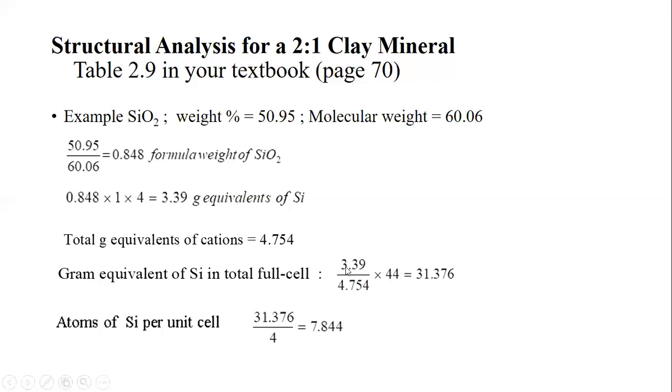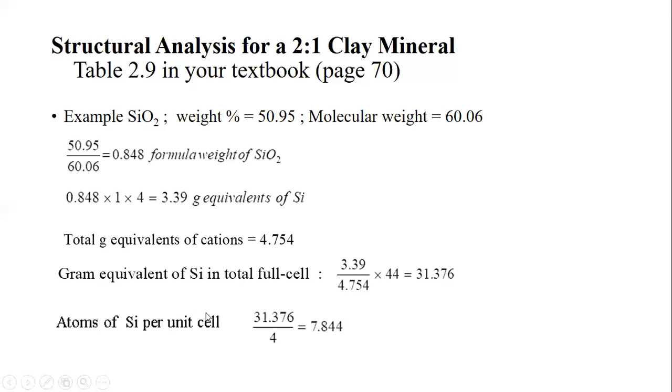This is a fraction of what? Of the 44 charges. So when you multiply it, that means we have 31.376 charges coming from silicon. Okay, we now know that each silicon, we said already, has 4 charges.